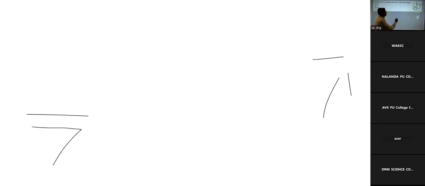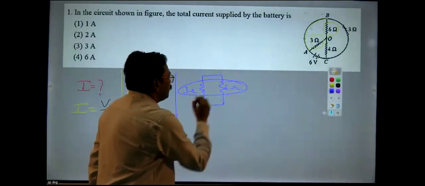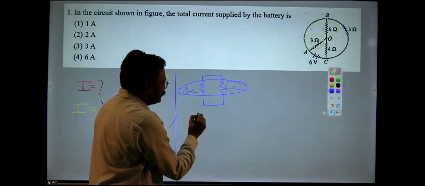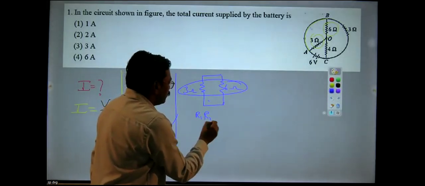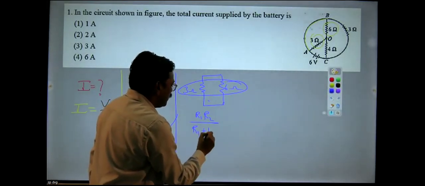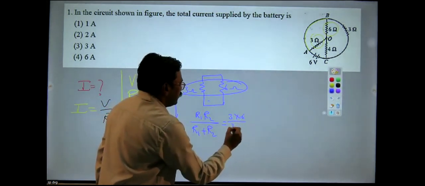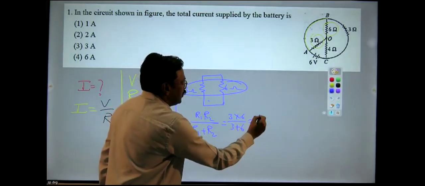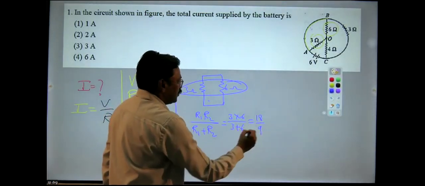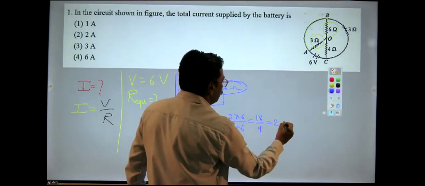Being in parallel combination, what is the equivalent resistance of them? Equivalent resistance can be calculated by using R1 R2 by R1 plus R2. So it is 3 into 6 by 3 plus 6, which is 18 by 9. So R equivalent comes out to be equal to 2 ohm.